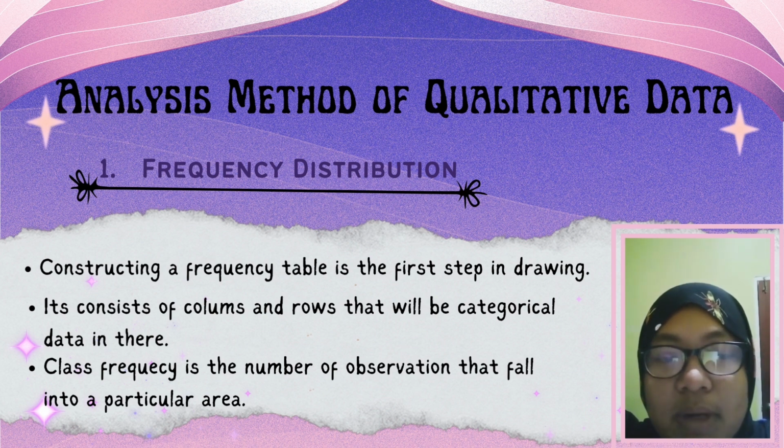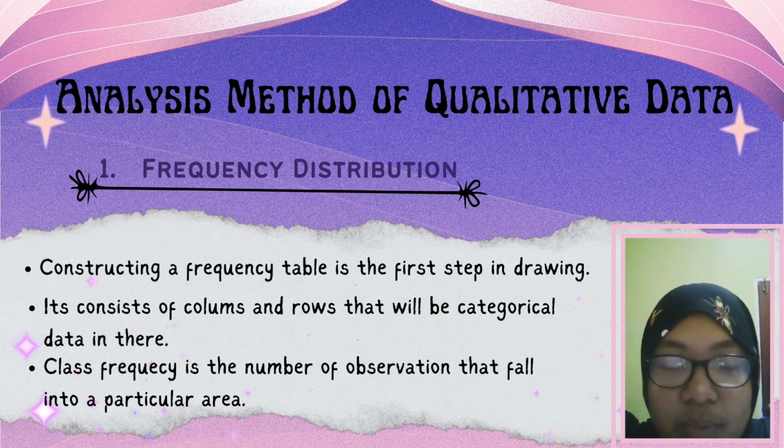A frequency table is a simple table where data is collected and arranged in simple classes and categories. It consists of columns and rows with categorical data. Class frequency is the number of observations that fall into a particular class.